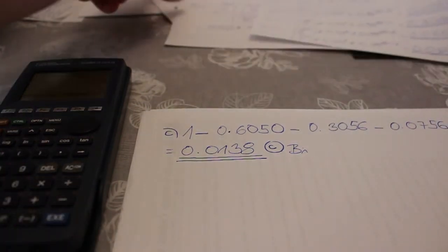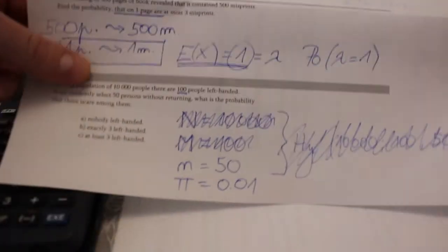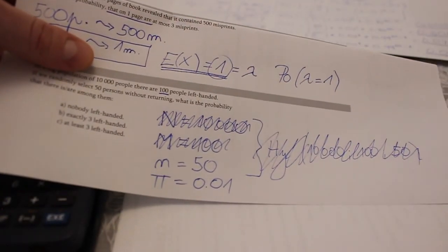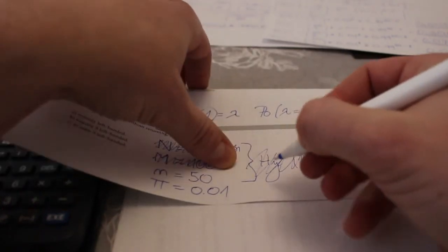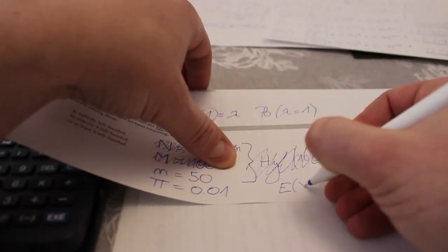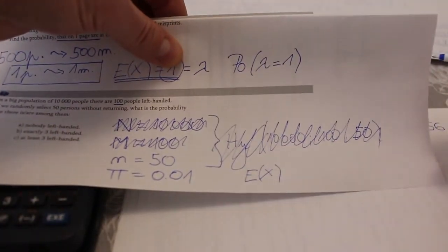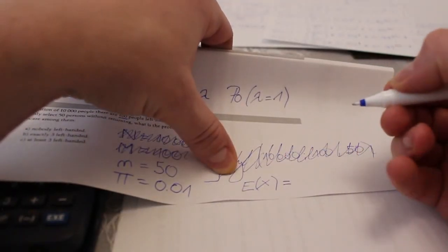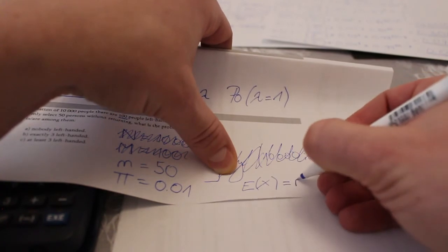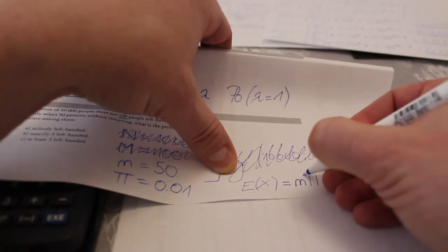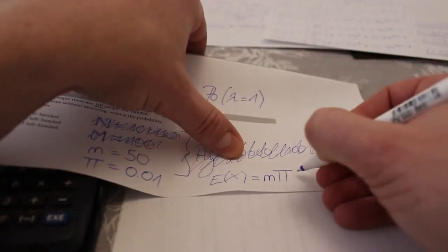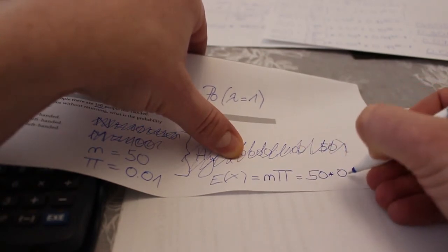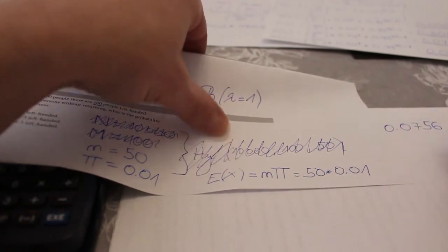We can continue. Do you know how you can calculate expected value? Expected value in the case of binomial distribution you can calculate like multiplication n times p. In our situation, 50 times 0.01.